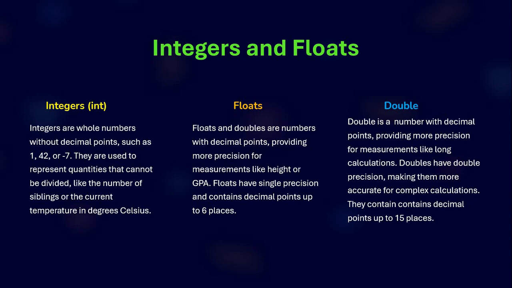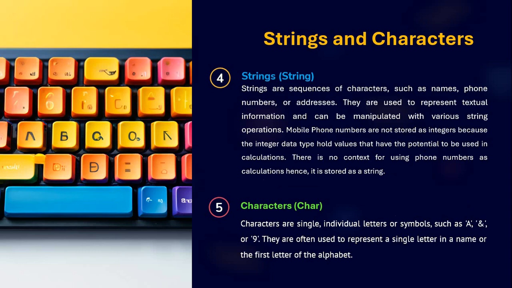So doubles have double precision, making them more accurate for complex calculations, and they contain decimal points up to 15 places. So floats and doubles are all decimals. The only difference is that floats take up to 6 decimal places, then double takes up to 15 decimal places. Great. So we'll go on to look at the other types of data types.